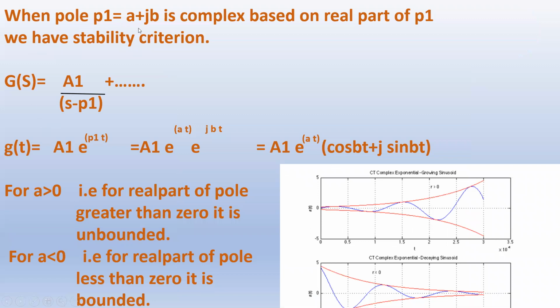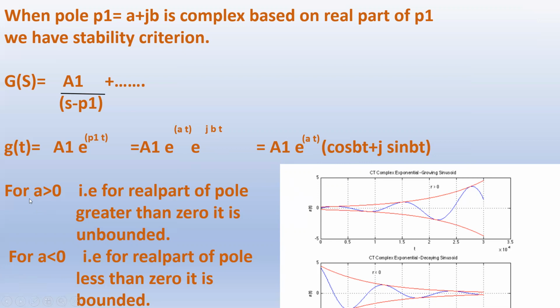If p1 is a complex number and we do the analysis based on the inverse Laplace transform, we get this kind of expression. The exponential with the real term is exponentially increasing or decreasing based on the polarity of a, and e to the power minus j beta is a complex sinusoidal variation.